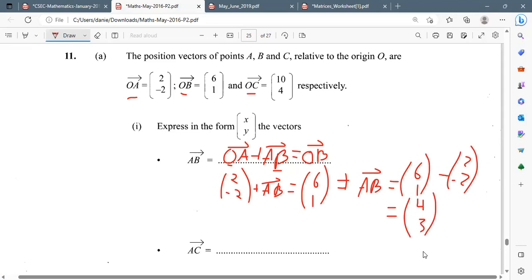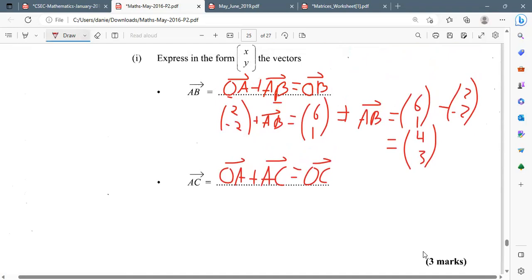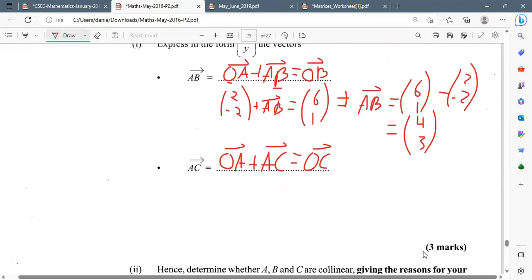So let's try AC. When we learn, we like to start with OA plus AC, and that is equal to OC. And we have everything we need. If we plug in, where's OA? It's (2, negative 2), plus AC, and that is equal to OC.